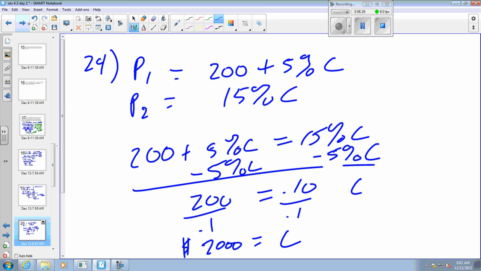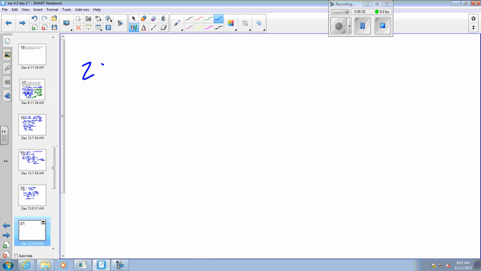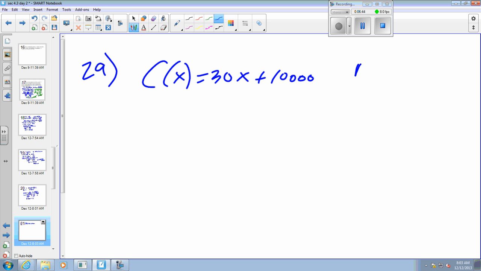Then let's go to 29. 29 says the cost function is 30x plus 10,000, and the revenue function is 46x. And they ask us, where is the break-even point? Well, the break-even point happens when those are equal.